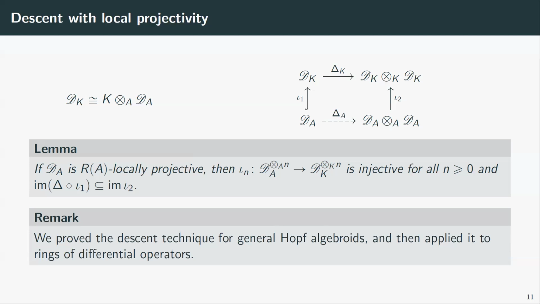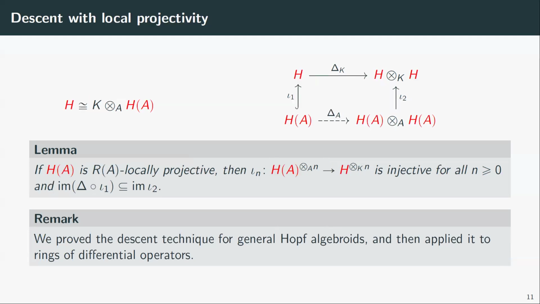In the general case, we replace dk with a Hopf algebroid H and dA with a subalgebra of H, which I will describe in the next slide.